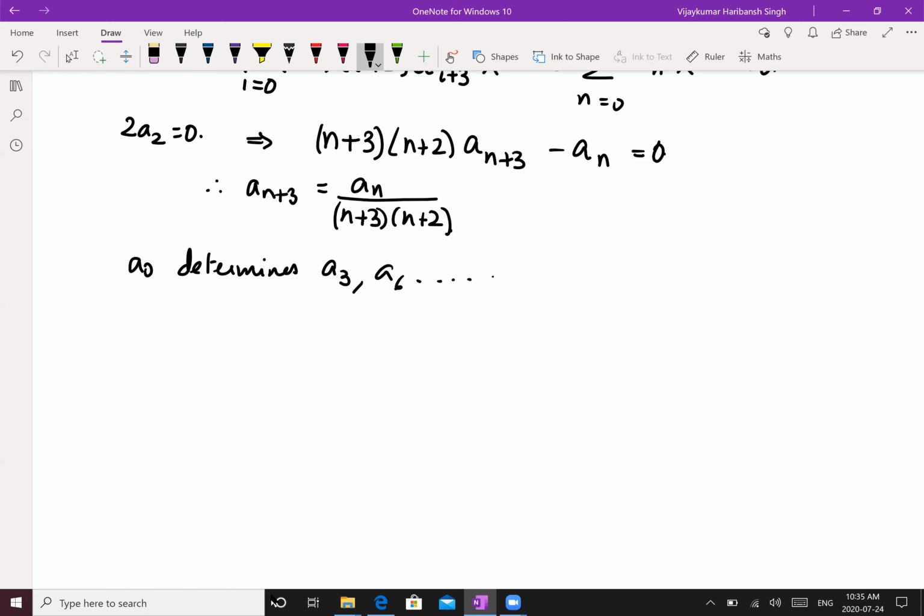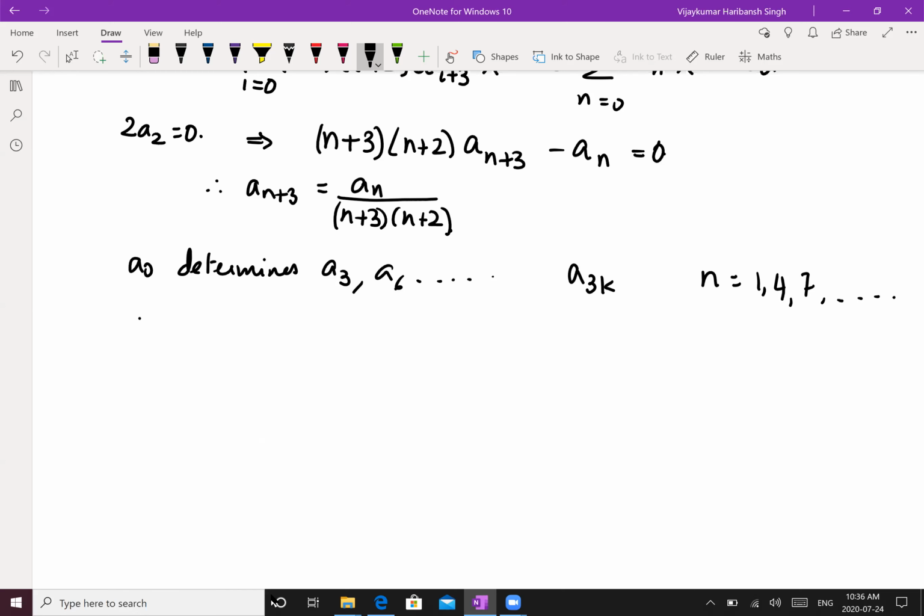So a0 determines a3, a6, and so on, or it determines a_3k. Because if you look at a0, you'll get a3, and so on and so forth.